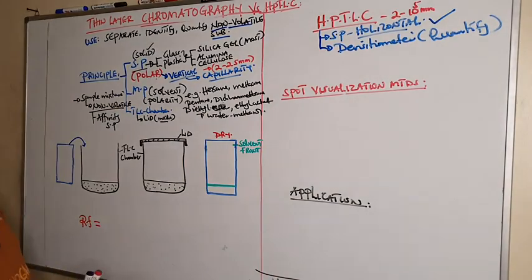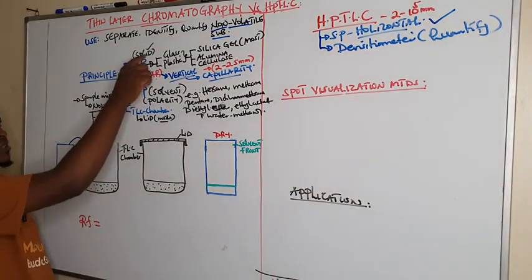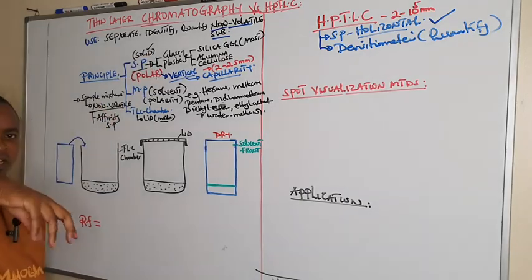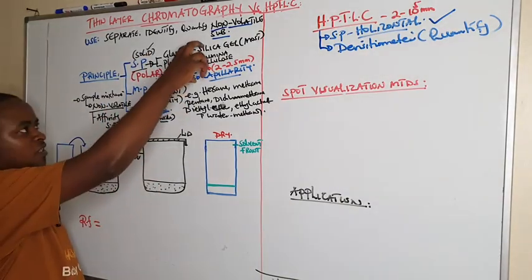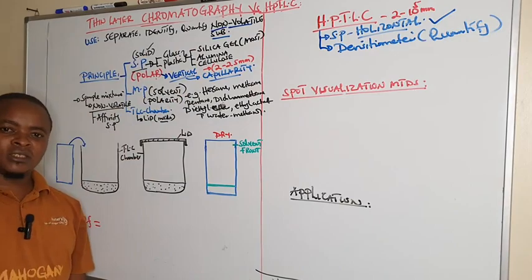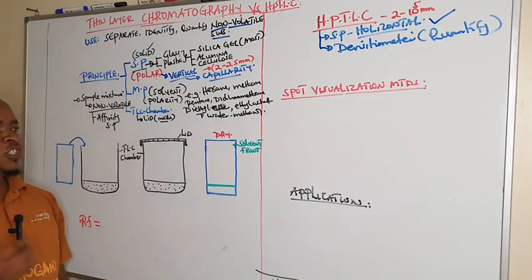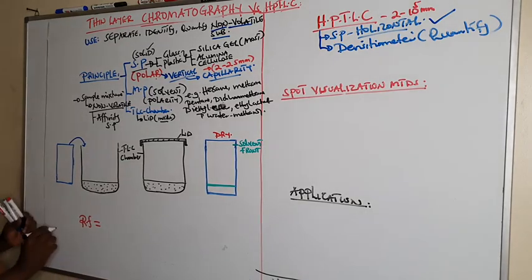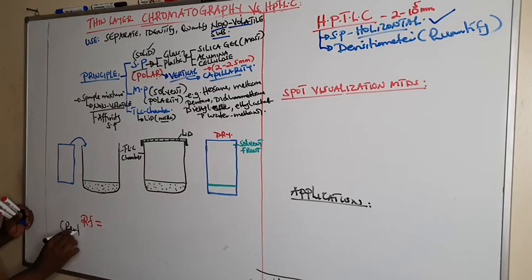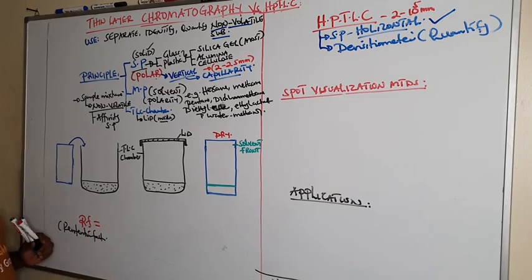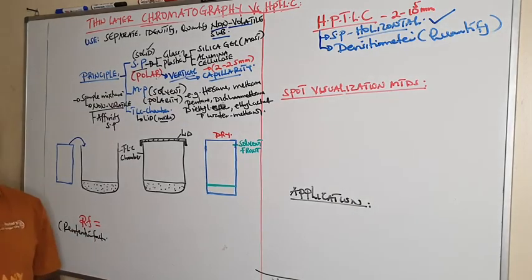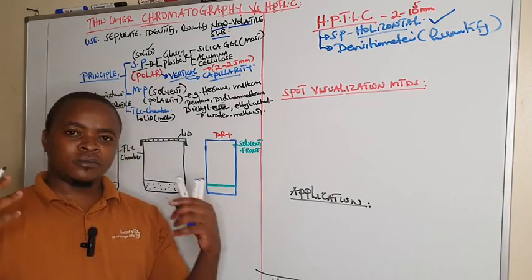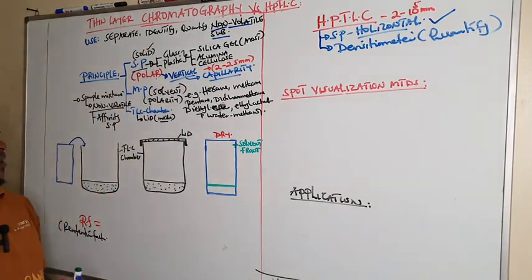Those which have more interaction with the stationary phase will move slowly compared to those which have less affinity to the stationary phase. And we shall be able to determine them by calculating what we call the retention factor, as we are going to see in the formula. So that is the simple principle we can state.